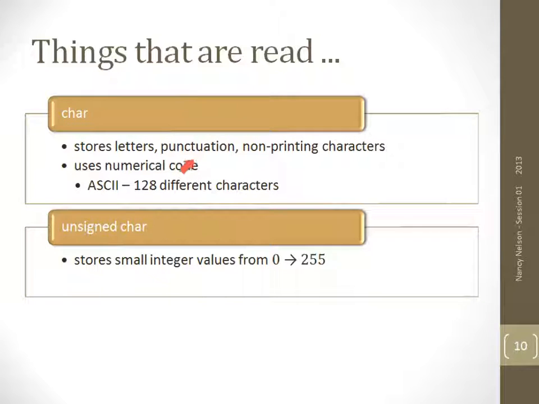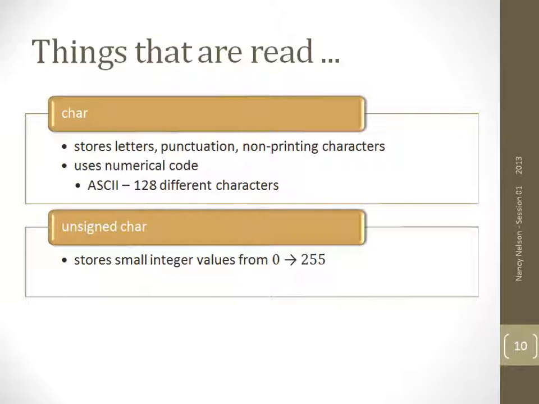It can store punctuation, so commas, periods, exclamation points, double quotes, single quotes, things like that. And it can also store non-printing characters like tabs and backspaces and the bell sound if you want that. So we can embed letters, punctuation, and non-printing characters into any character variable.